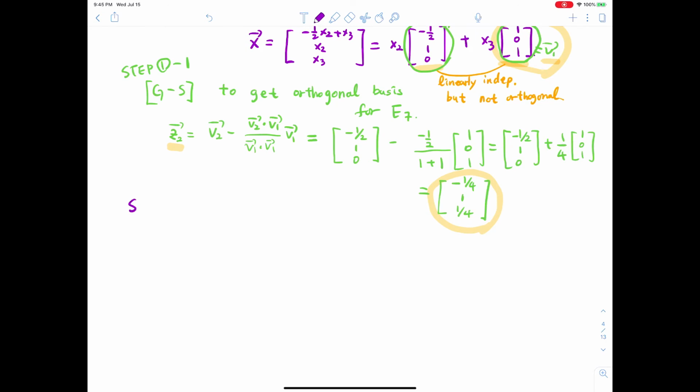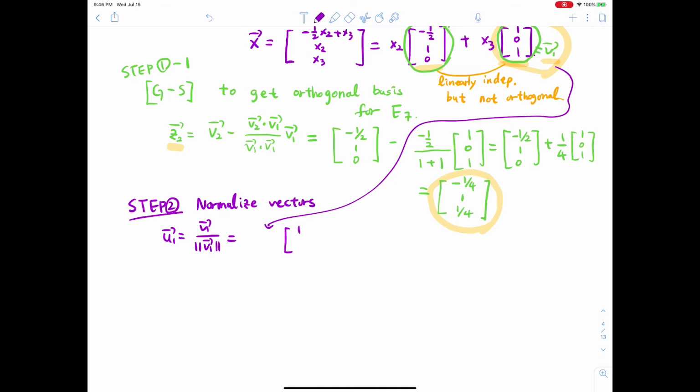Once you have orthogonal vectors, we have to normalize all of them to build an orthonormal basis. So u1 equals v1 over the magnitude of v1. We had v1 over here, so we have 1, 0, 1 times 1 over its magnitude, which is square root of 2. Similarly, we set u2 equals this vector divided by its magnitude.